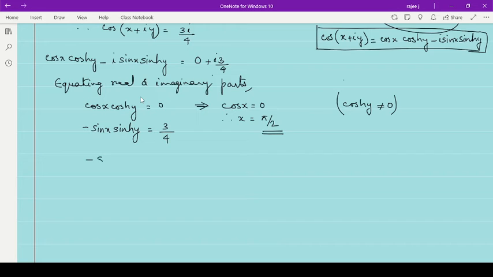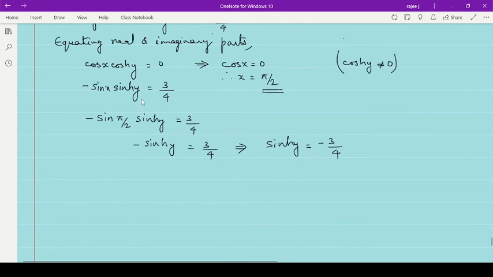That means minus sin of x, whose value is pi by 2, sin hy equal to 3 by 4. Sin pi by 2 is 1, so this is minus sin hy equal to 3 by 4, or sin hy is equal to minus 3 by 4.